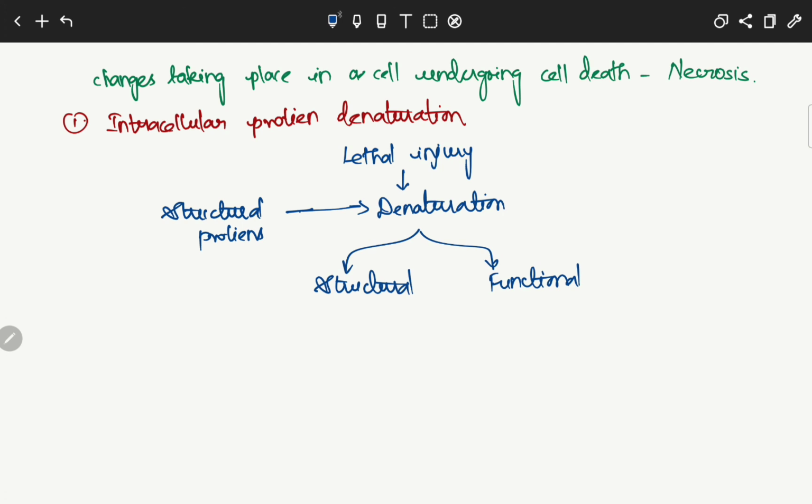When they undergo denaturation, they lead to the structural changes of the cell. So when the functional proteins, like the enzymes, undergo denaturation, they lead to the functional changes of the cell. So both these structural and functional changes, they lead to the morphological change of a cell.